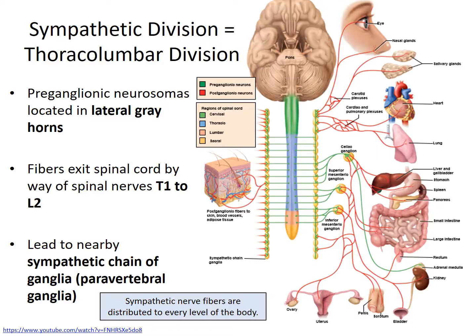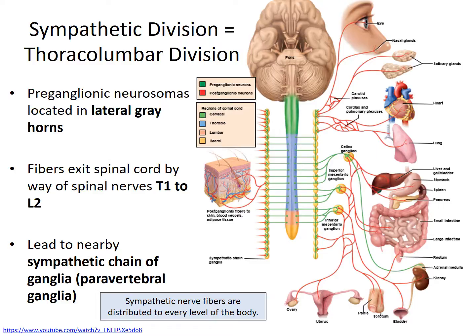The preganglionic neurons of the sympathetic nervous system are going to lead to the nearby sympathetic chain ganglion or paravertebral ganglion. And then the sympathetic nerve fibers can be distributed to every level of the body.